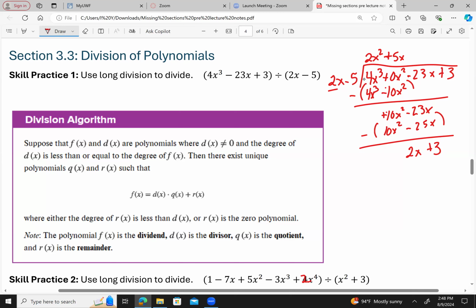Well, 2x times 1 equals 2x, so we put 1. I have 2x minus 5, subtracting again, and I have positive 8, so plus 8 over 2x minus 5. So my solution is 2x squared plus 5x plus 1 plus 8 over 2x minus 5.